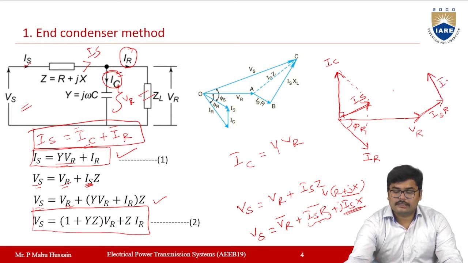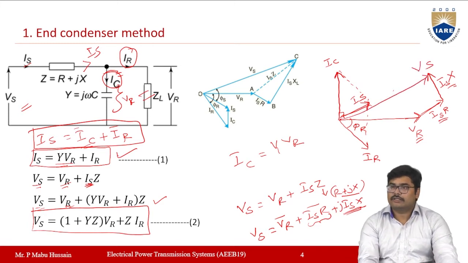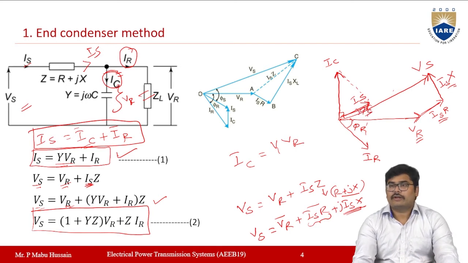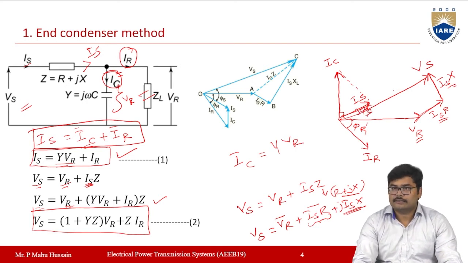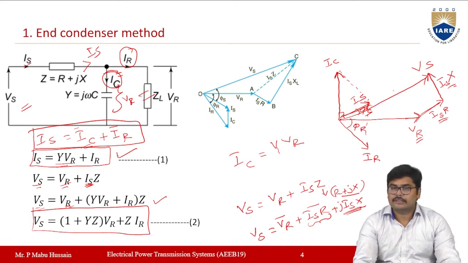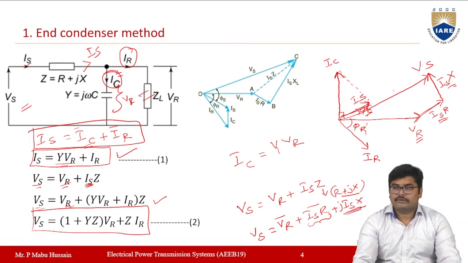If you add VR, IS R and IS X vectorially, you will get the VS value. So this is the VS vector. The angle between IS and VS is the power factor angle at the sending end, which is phi S. Okay, so like this, you can draw the phasor diagram or vector diagram of the end condenser method in the medium transmission line.